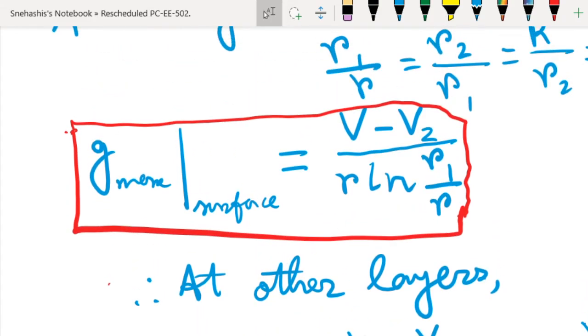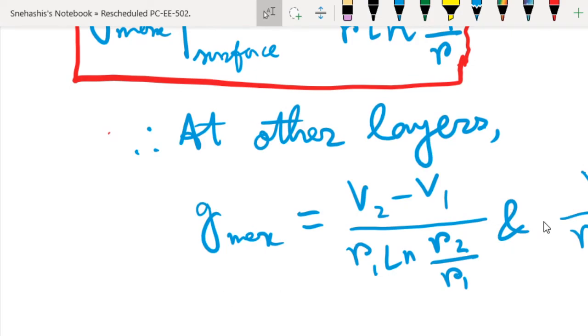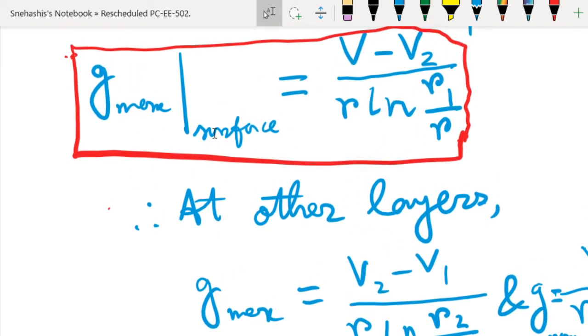So these three things are same Gmax. So what we can write is that, basically this is also Gmax, this is also Gmax, and this is also Gmax.